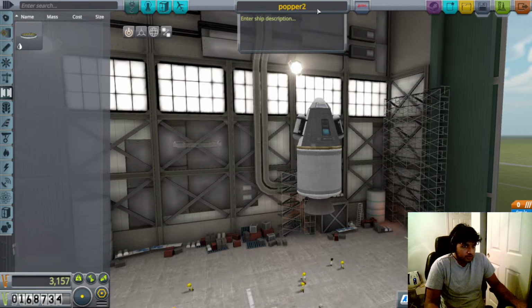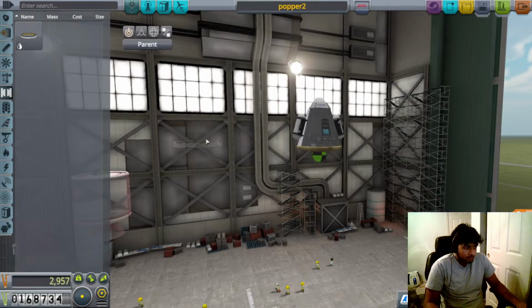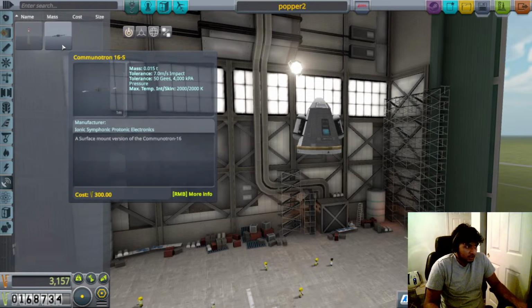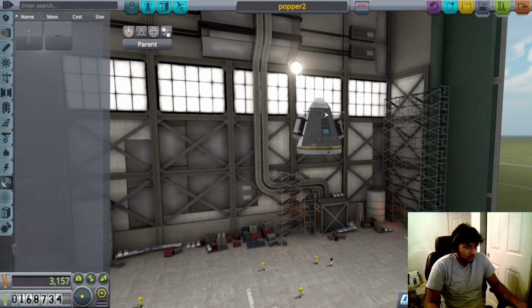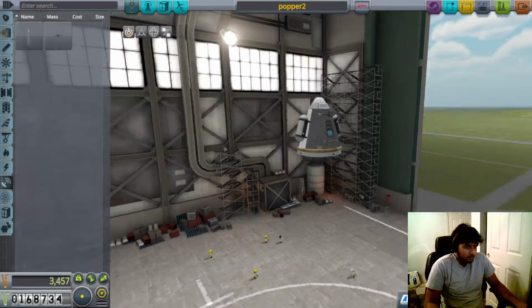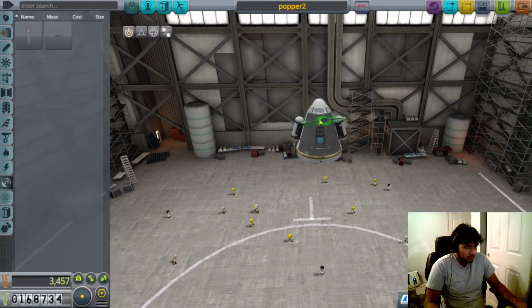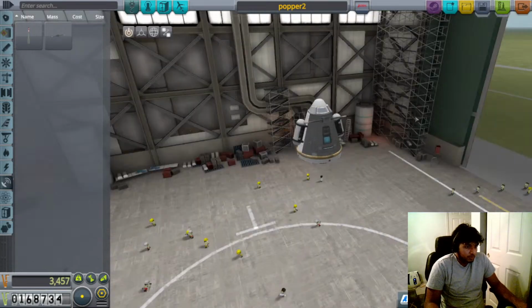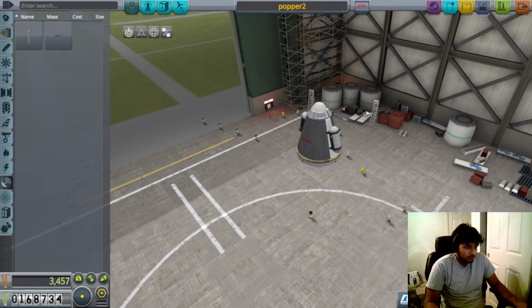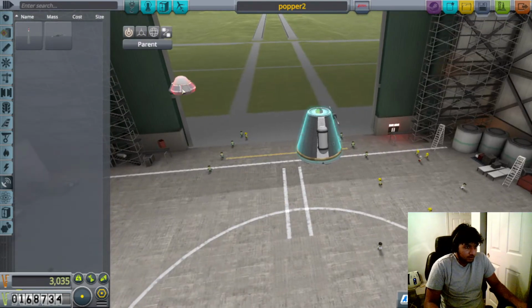Well, this is the Popper too. Save it. Throw away this fuel tank. And here we have our thingamajig, and we're also going to add a communicatron right there. Ooh, there we go.